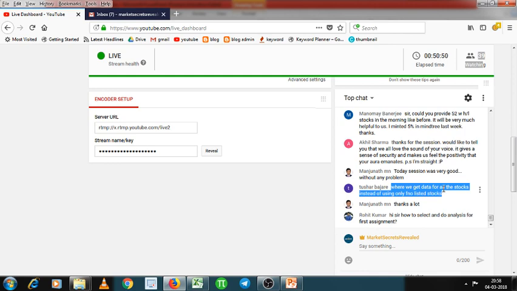The next item is from Rohit. How to select and do analysis for the first assignment? Okay, I'm really glad that you asked the question, because I'm wondering how many of you are actually doing that assignment. The best thing I would say is I have already given you the reversal points for all the stocks in the form of monthly trading levels.